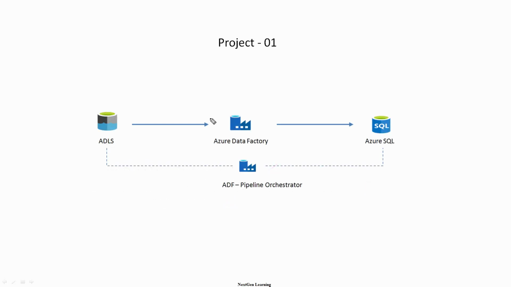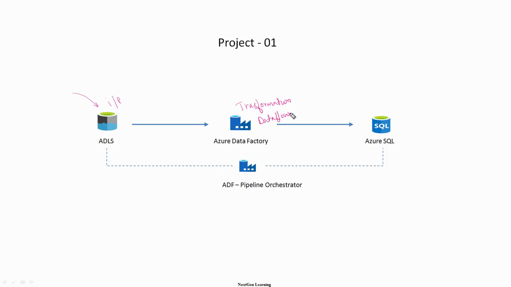So this is the architecture diagram for our project, and we are using ADLS as our input source. Our data will be coming to this ADLS, and we use Azure Data Factory for transformation. Transformation in the sense of filtering and finding the average, so we use Azure Data Factory's data flow capability.